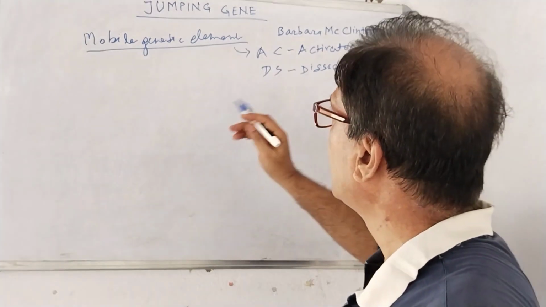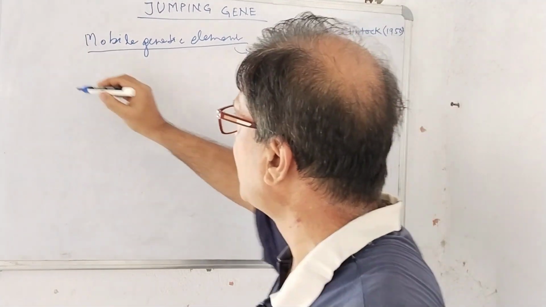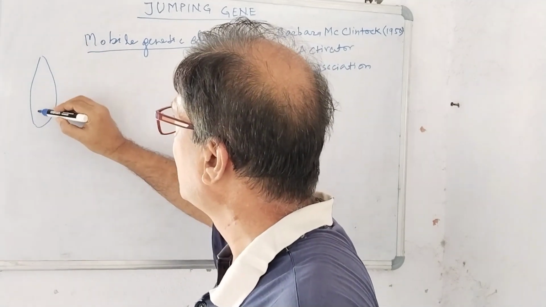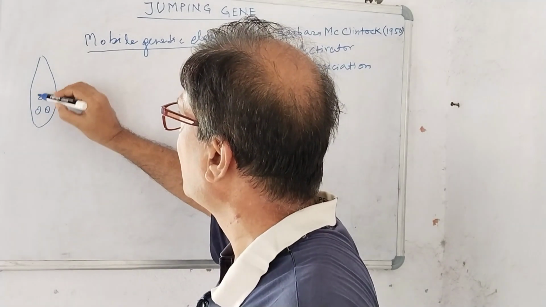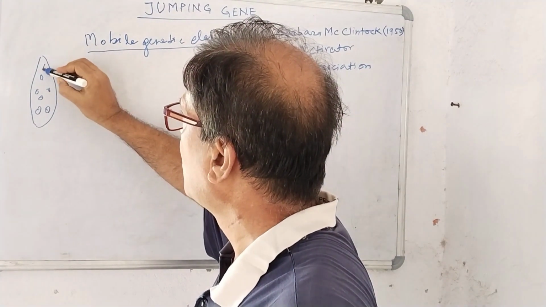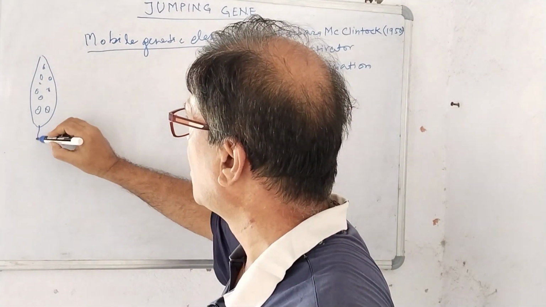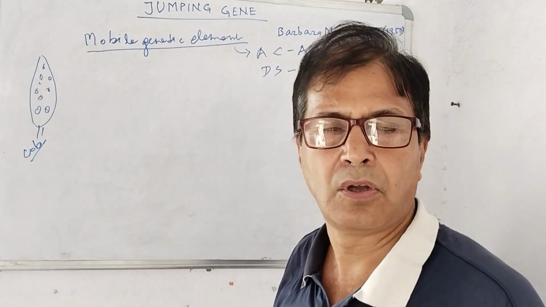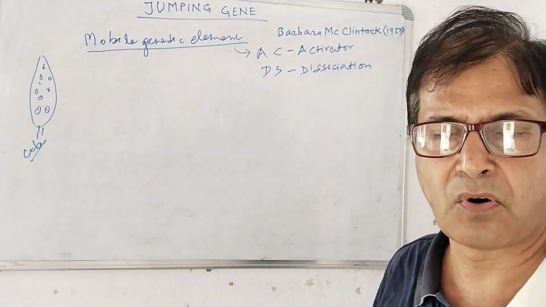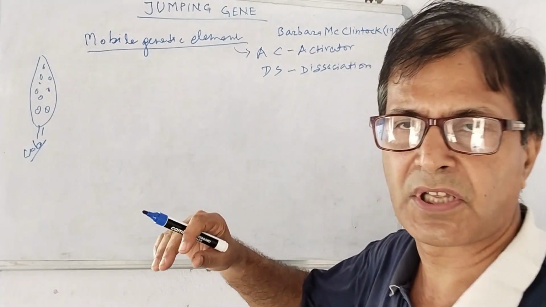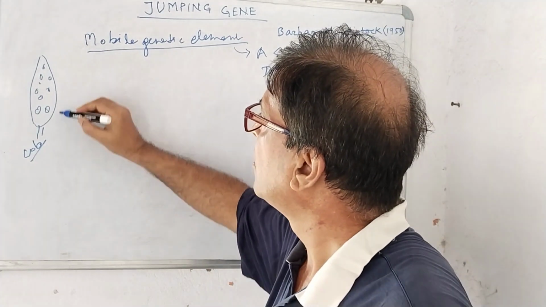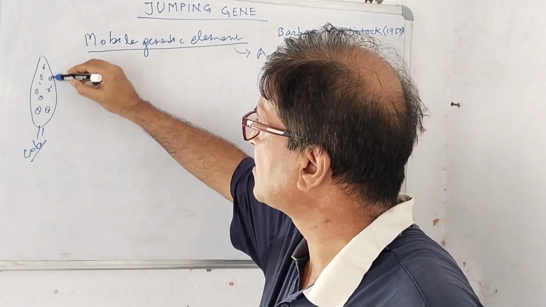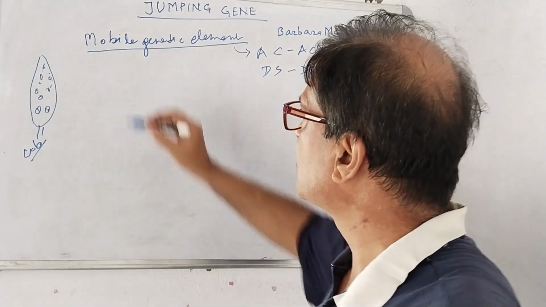Actually, you find there are different colors of grain within a cob. This is the cob. The cob is the female inflorescence of the corn. Here you find there are grains having different colors.